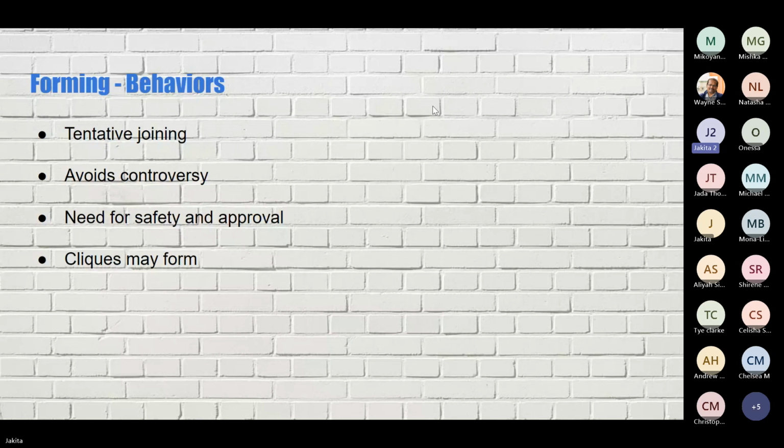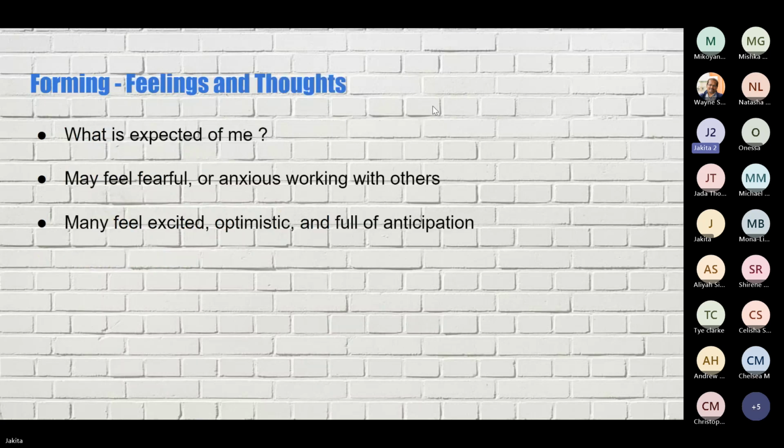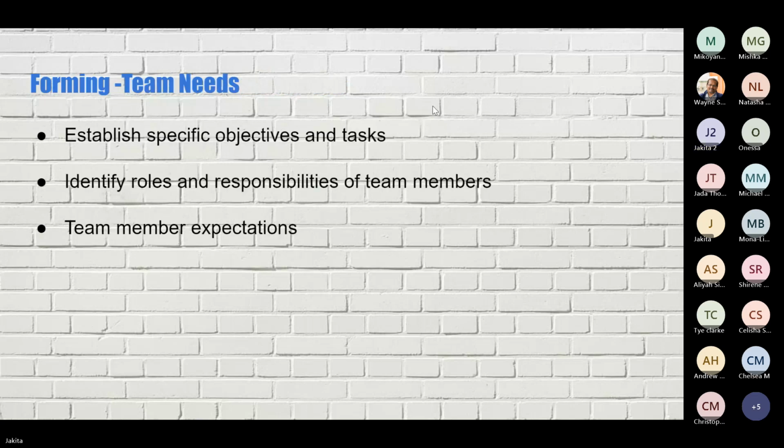Moving on to forming feelings and thoughts. So one of the thoughts in joining a new group will be what is expected of me. Persons may feel fearful or anxious working with others, and many feel excited and optimistic and full of anticipation.